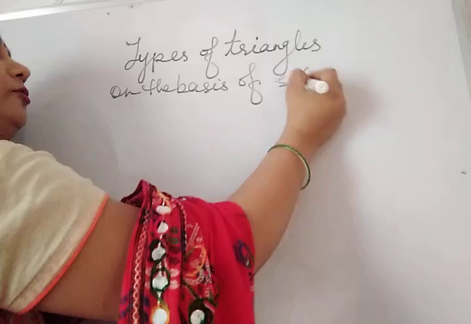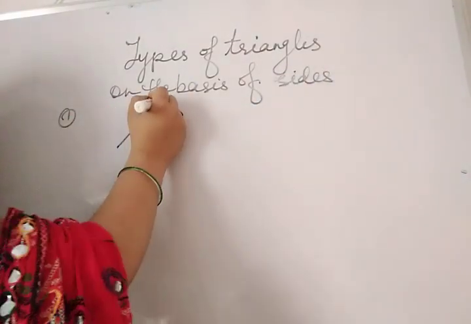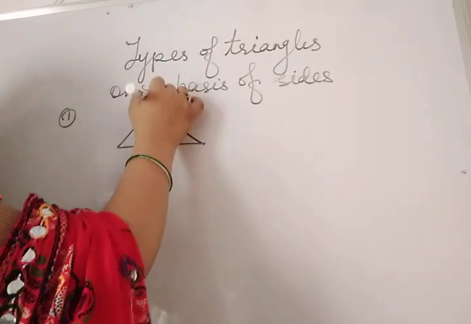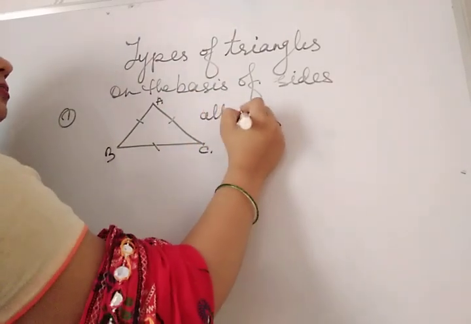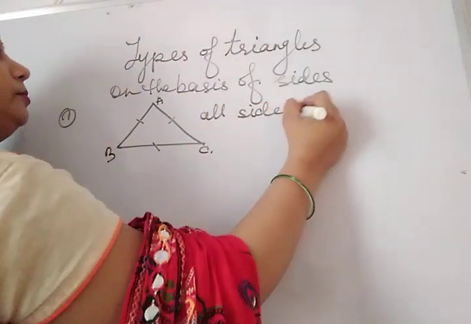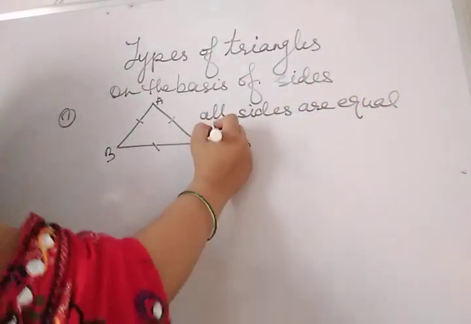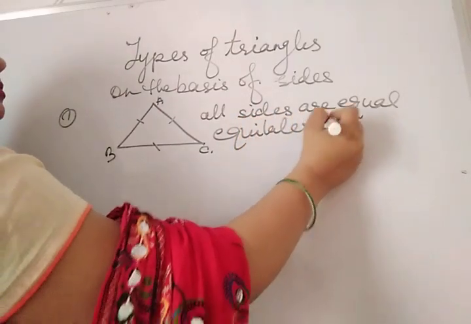on the basis of sides, if all sides of a triangle are equal, meaning A, B, C, all sides are equal, then the triangle is said to be an equilateral triangle.